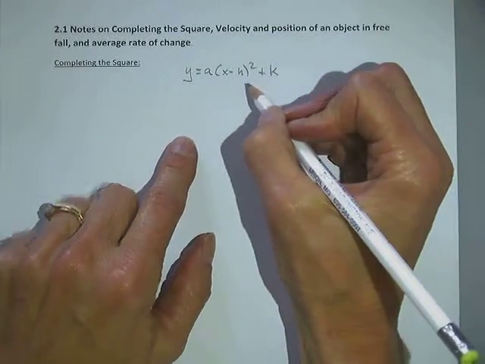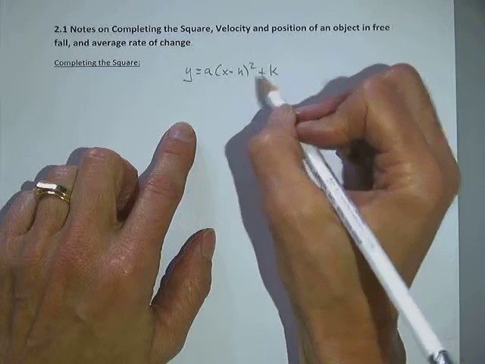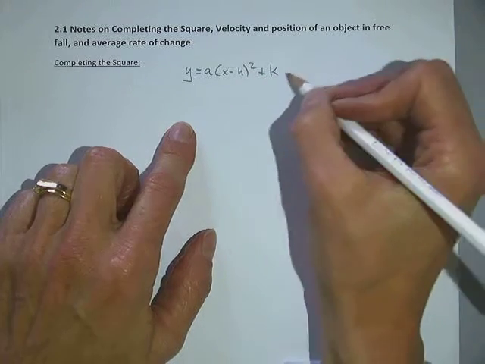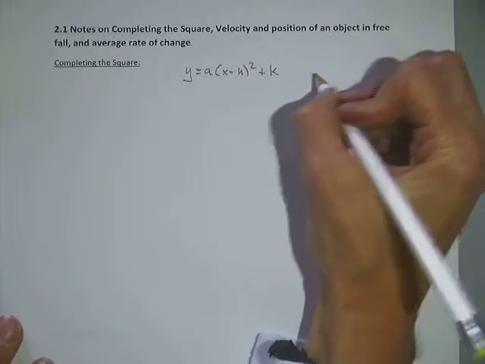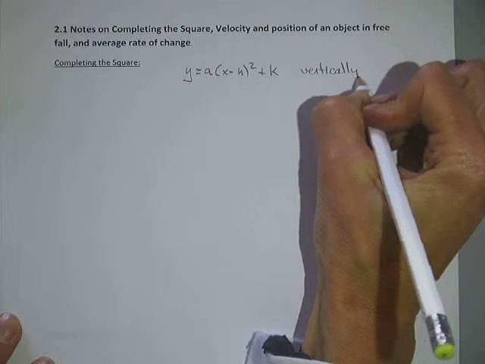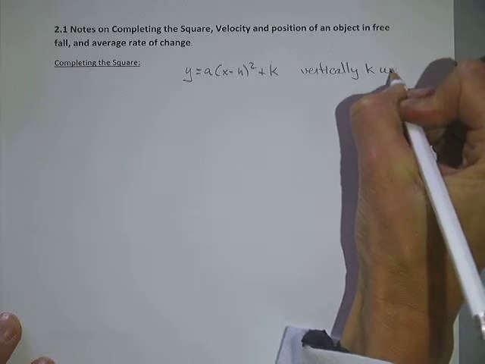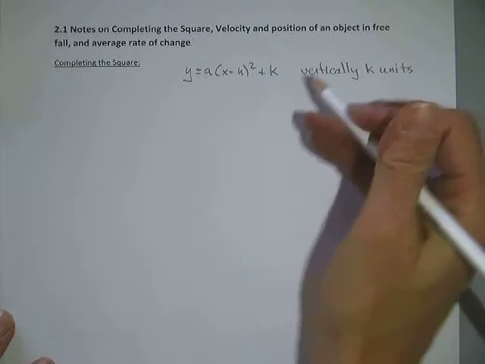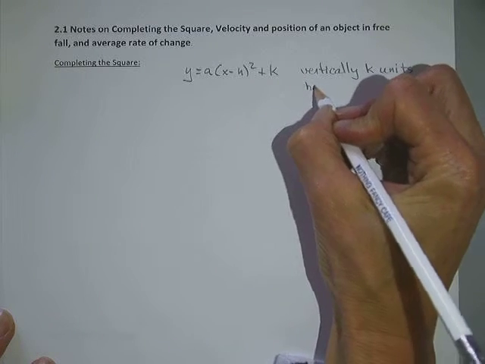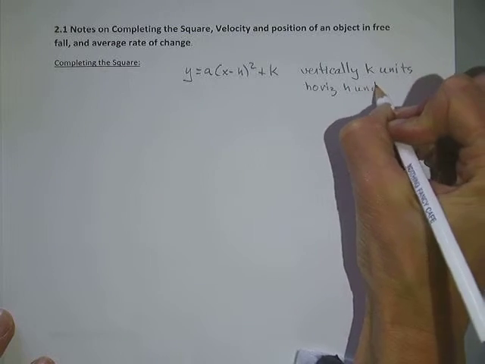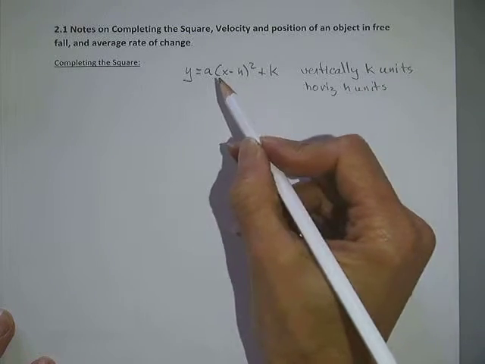If I asked you how this particular graph shifted, you should be able to say that it shifted vertically k units, which means up or down, okay? And then horizontally h units, and that would be right or left.